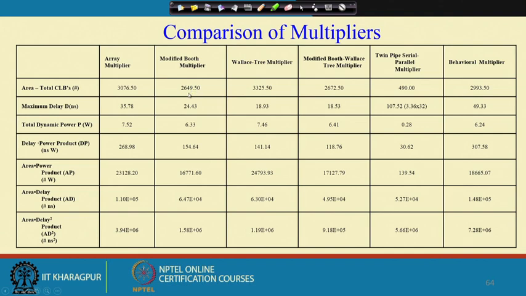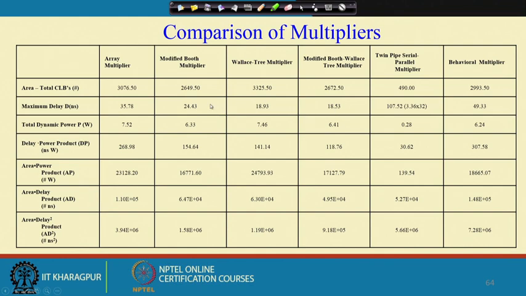The parallel architecture gives the lowest possible area requirement, but its delay requirement is 24.43, whereas the delay requirement for this one is 18.53.